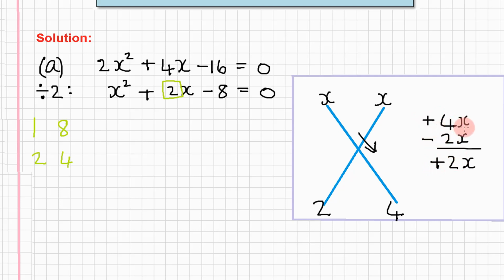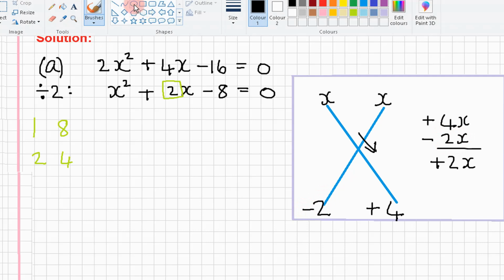So positive 4x minus 2x is positive 2x. We got 4x by multiplying x by 4, and 4x is positive, so we need a plus here. We got 2x by saying x times 2, and 2x is negative, so we need a minus here. Now we can group vertically.